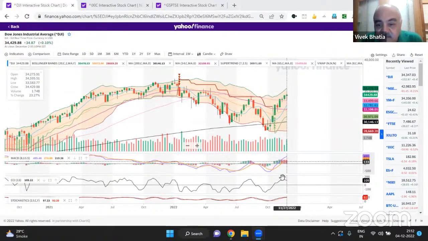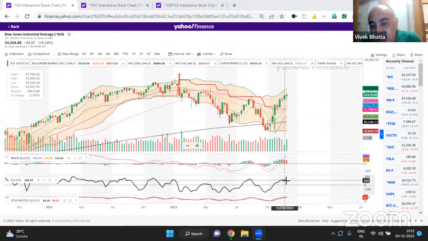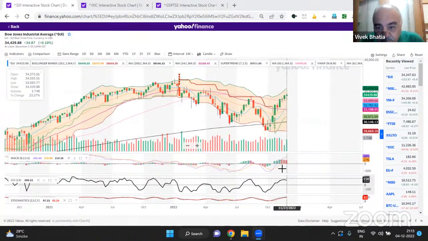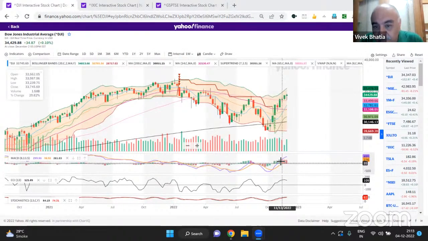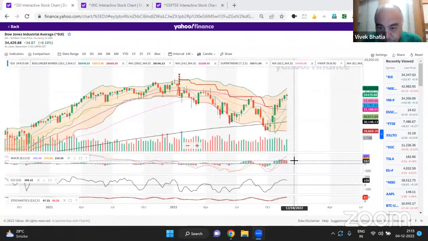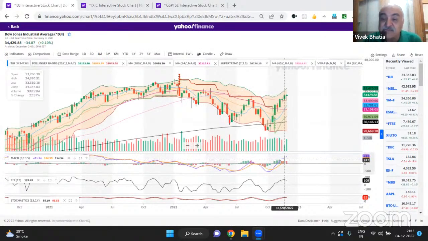Third, your CCI is turning flat and trying to curve down. However, if you realize, your MACD blue line, the signal line, and the MACD line are not yet curving down. So they still have momentum before they can actually show you a strong reversal.